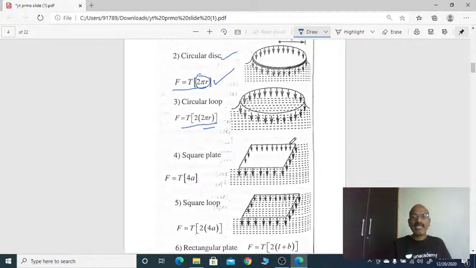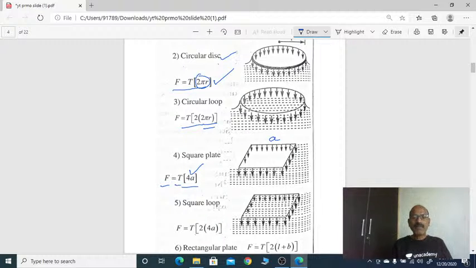A square plate, suppose a square plate of side A is floating on the surface of water. What is the force required to lift this square plate against the force of surface tension? We know the force required equals surface tension into the perimeter; a square plate has 4 sides, so 4 into side.